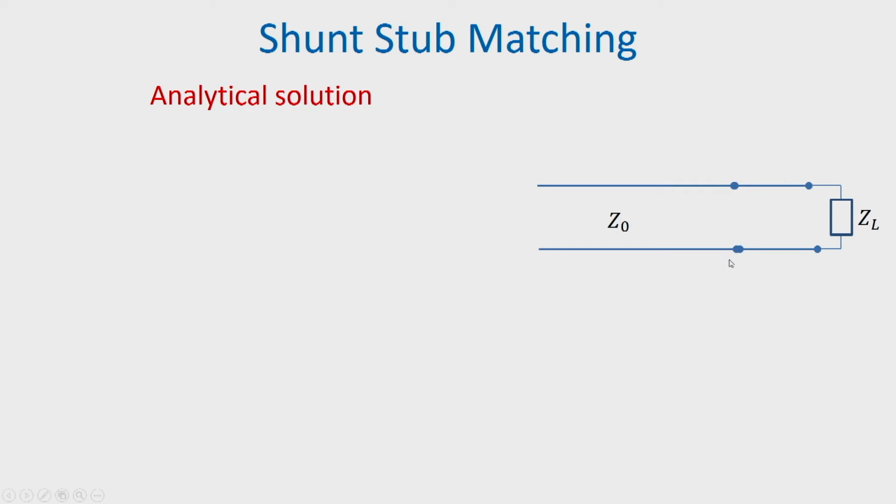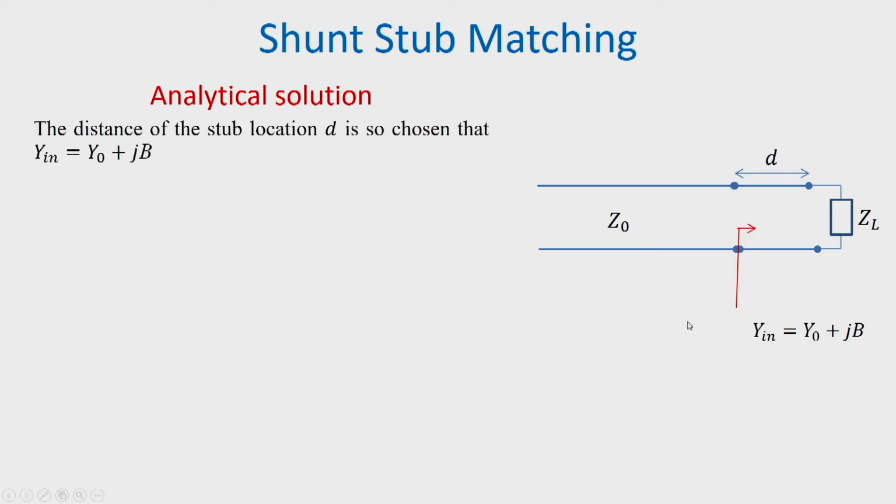First of all, we find a distance d from the load impedance ZL, where if we look, we find Yin at this point has a real part equal to Y0, that means 1 by Z0, and it will have a susceptance component jB. So the distance of the stub location d is so chosen that Yin becomes equal to Y0 plus jB.